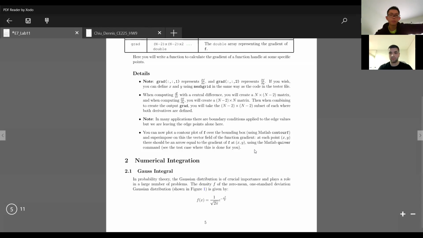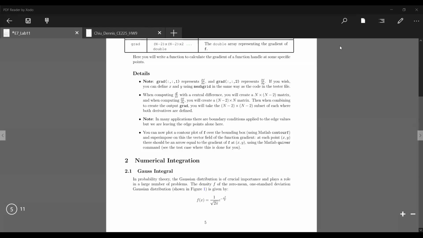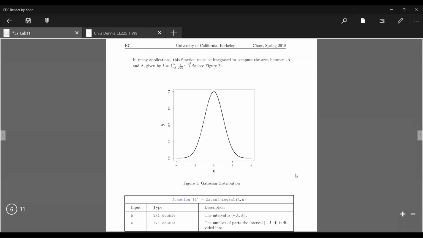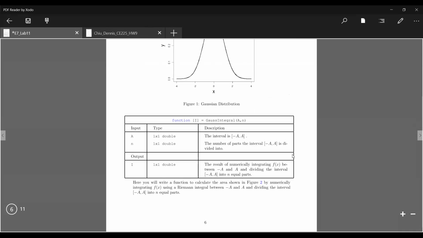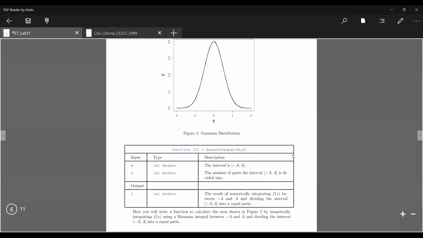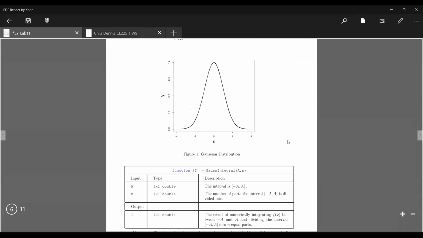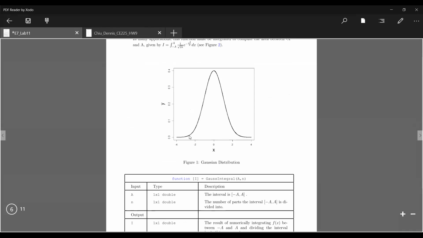So 2.1, I'm just going to show skeleton code for, but I believe it's pretty straightforward. You're given, I believe it's just a normal curve, but they call it Gaussian, and basically integrate the Gaussian using what strategy? Okay, Riemann integral. So use Riemann to calculate, say, from -2 to +2.